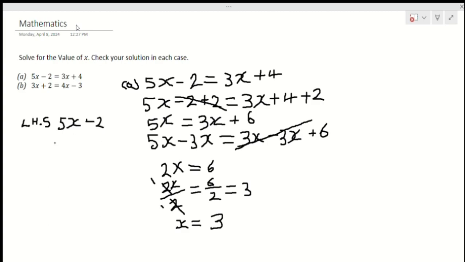If x equals 3, then it would be 5 times 3 minus 2. 5 times 3 is 15, minus 2 equals 13.